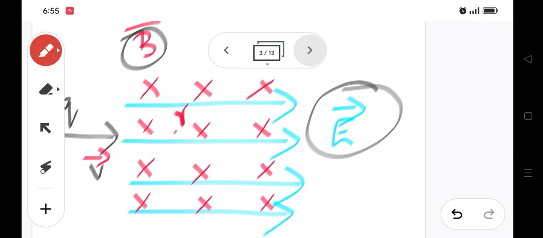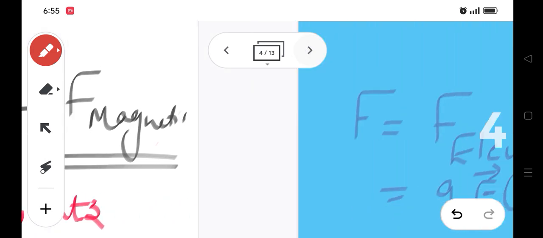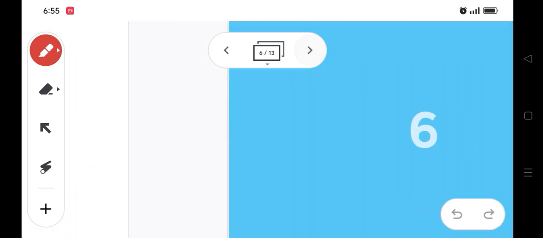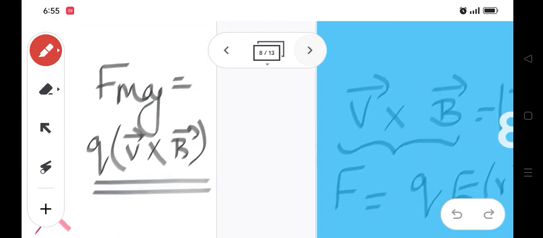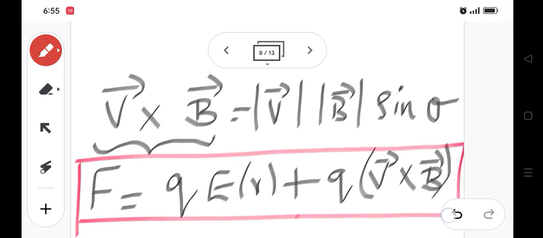Then the Lorentz force is the sum of the electric force and the magnetic force experienced by that charge. The equation is F equals Q into E plus v cross B. If there is no electric field, the Lorentz force reduces to Q into v cross B.